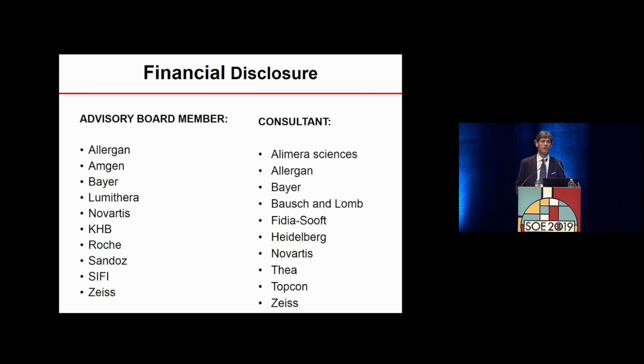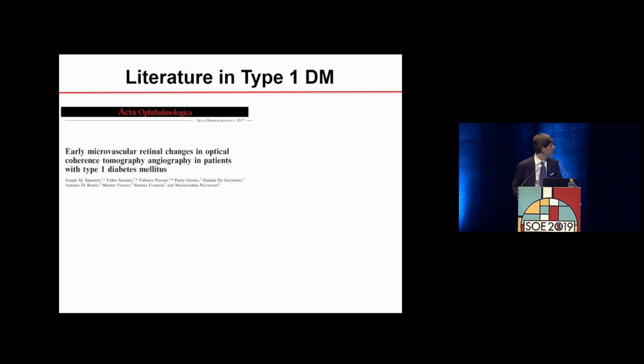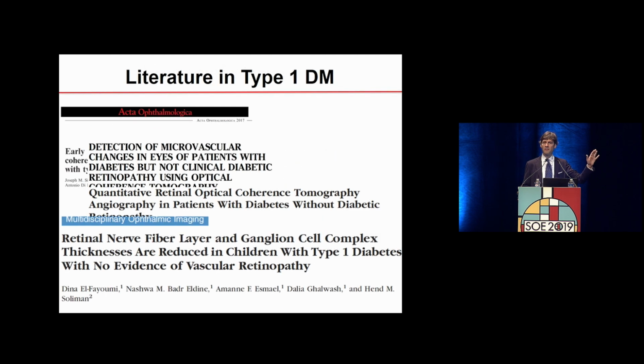These are my disclosures. So, OCT-A in diabetes, not in diabetic retinopathy. This is my topic. So we will try to see together the different features that we can detect with OCT-A in different aspects of diabetic eyes and diabetic patients at the level of the retina. This is my starting slide.